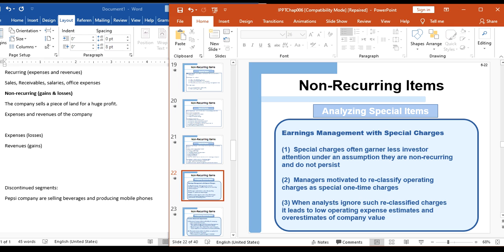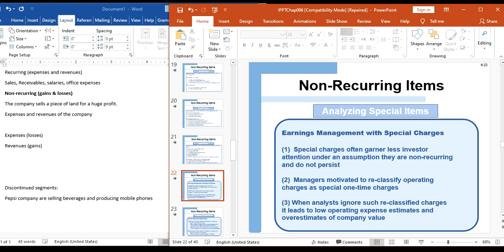So, analyzing the special items over here, for example, earnings management with special charges.